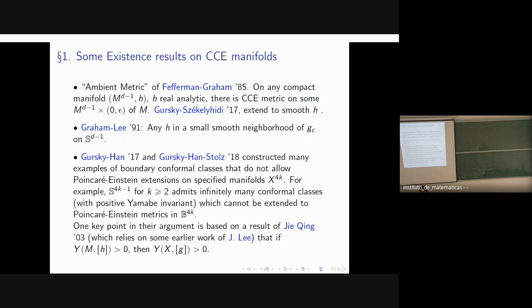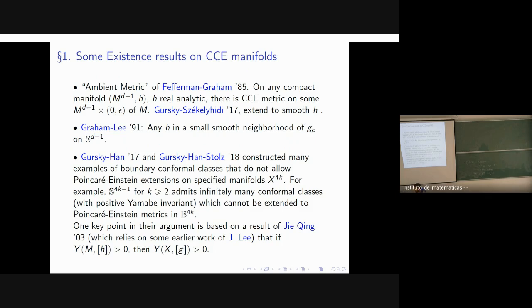So it's a perturbation using the implicit function theorem. This result is a special case of a later result of John Lee, saying that under other conditions, if the sectional curvature of the interior metric is negative or close to -1, then you have a perturbation result. Okay, but the result I want to quote is Graham and Lee here.